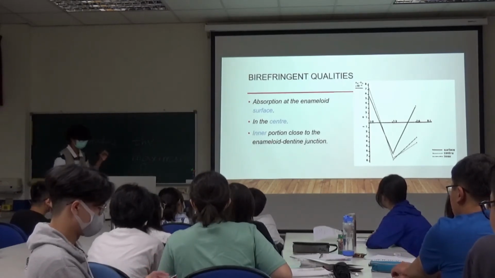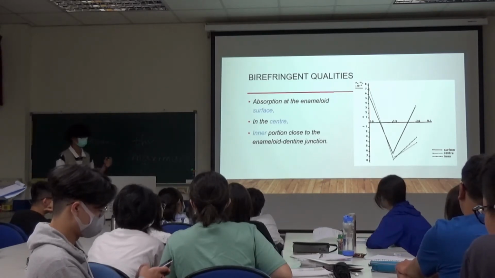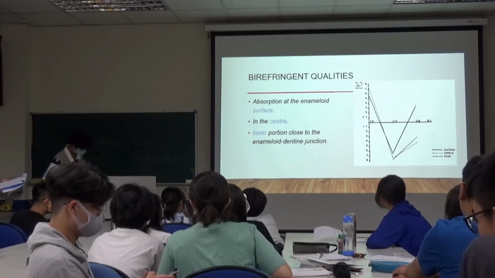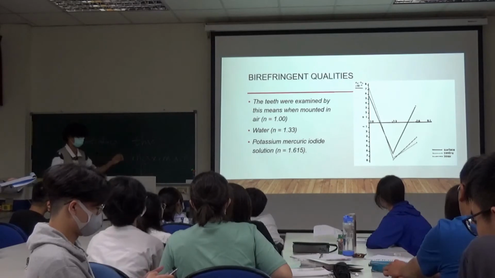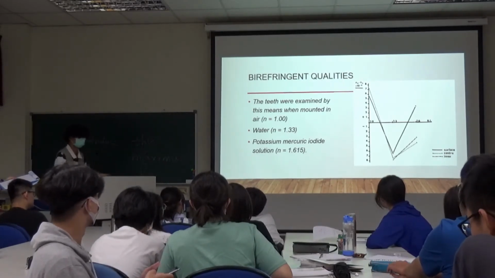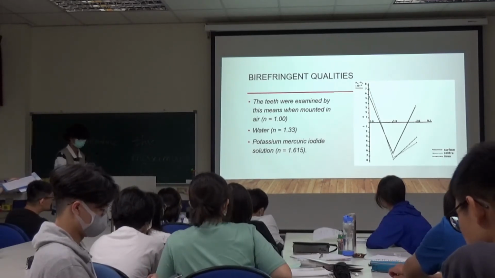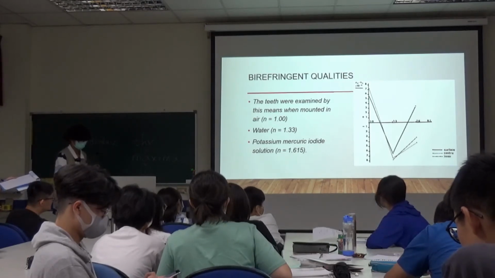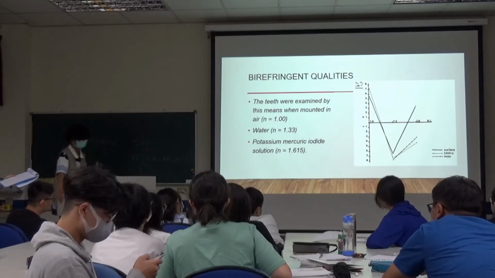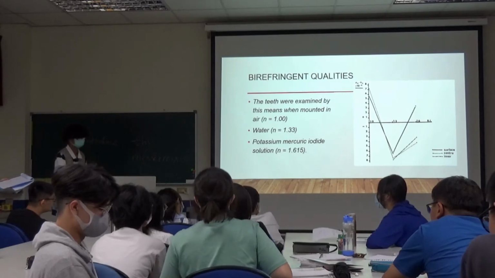You know, like light, when it reaches a different medium, it diffracts, refracts, and so the 1.33 is the refraction index of water. So that shows different refraction, different birefringence quality of this mineral.